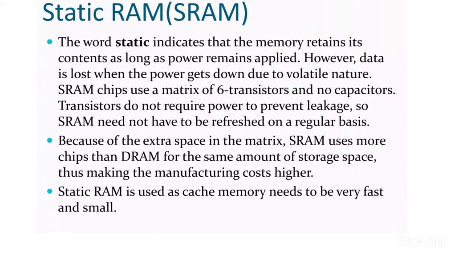Transistors do not require power to prevent leakage, so SRAM need not be refreshed on a regular basis. Because of the extra space in the matrix, SRAM uses more chips than DRAM for the same amount of storage space, thus making the manufacturing costs higher. Static RAM is used as cache memory, which needs to be very fast and small.